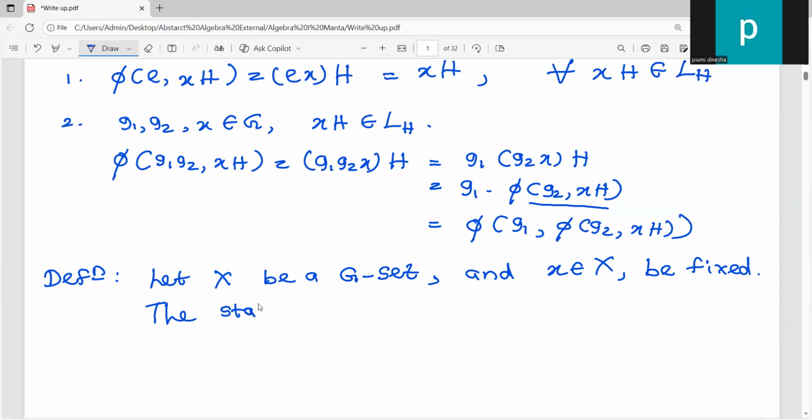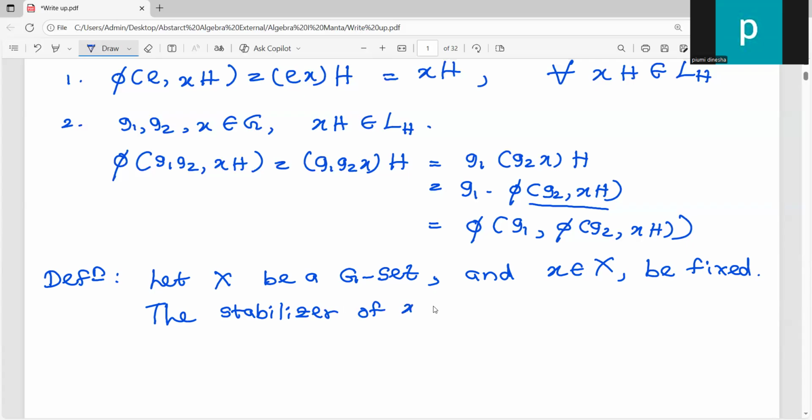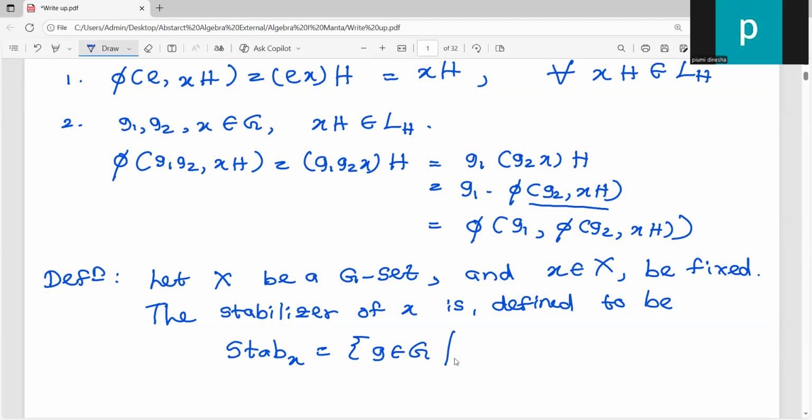The stabilizer of x is defined to be, usually denoted Stab(x), the set containing all elements g in G such that g dot x equals x.